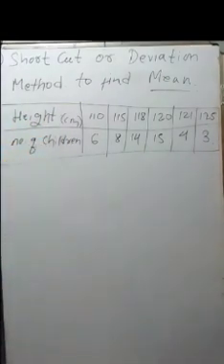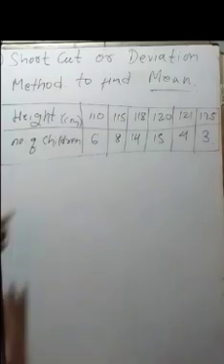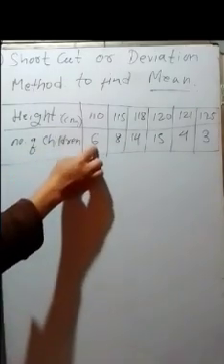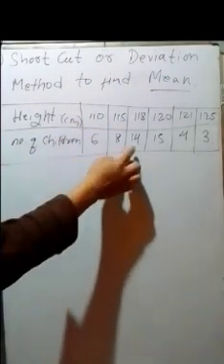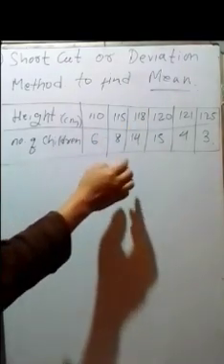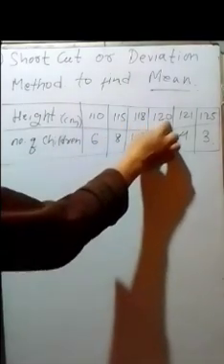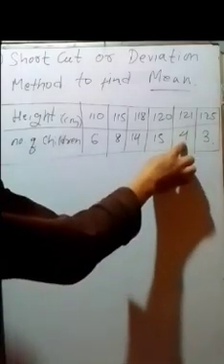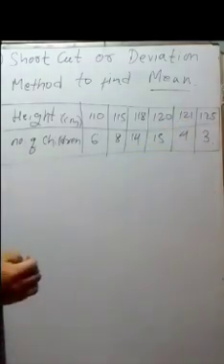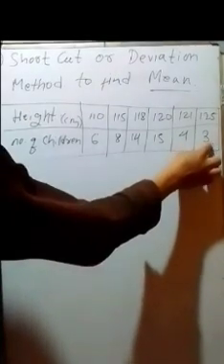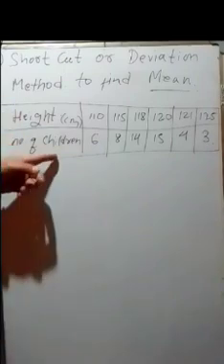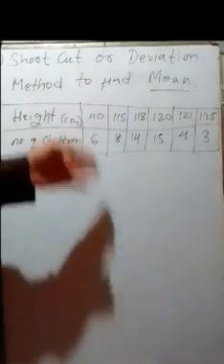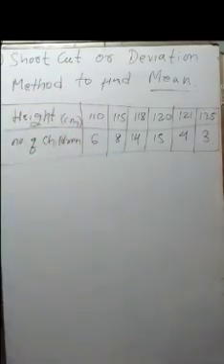Suppose 6 children have 110 centimeter height, 8 children have 115 centimeter height, 14 children have 118 centimeter height, 15 children have 120 centimeter height, 4 children have 121 centimeter height, and the remaining 3 children have 125 centimeter height. So this is the table of number of children and their respective heights.